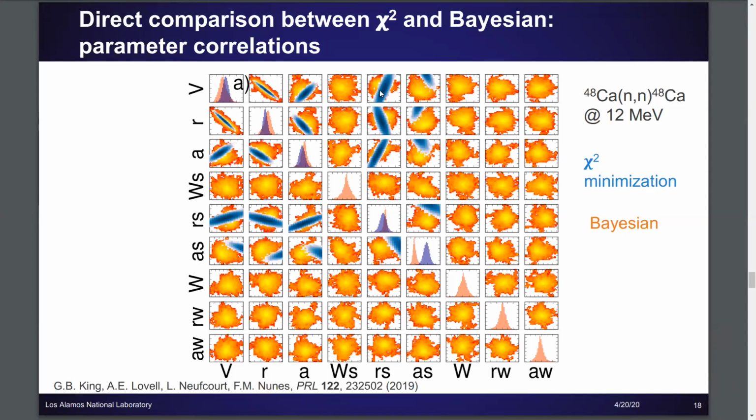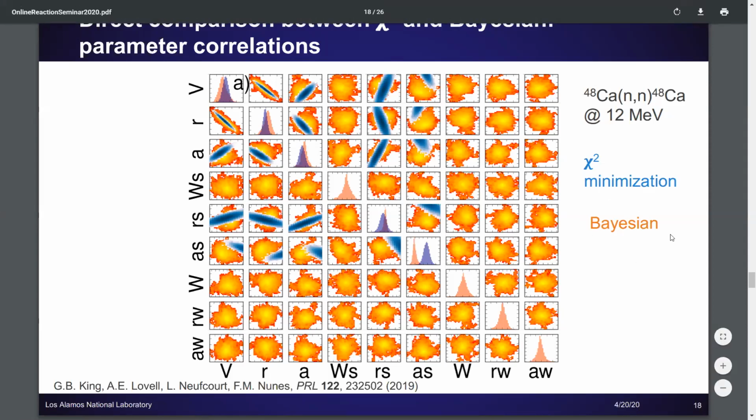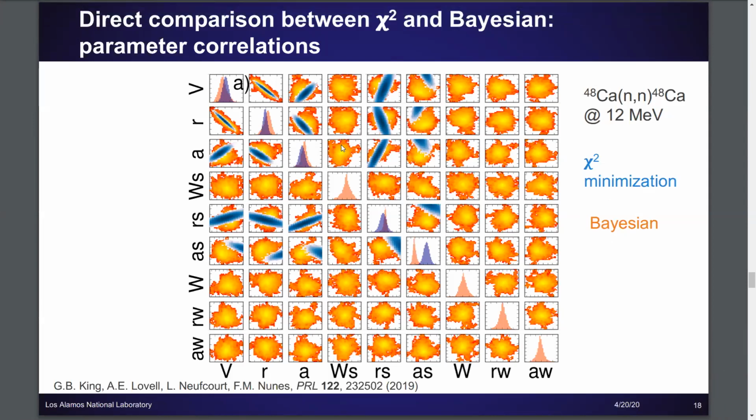So yeah, we have highly correlated parameters for the chi-square minimization method, but then when we go to the Bayesian Monte Carlo sampling, you see that there are much more rounded correlations, essentially many fewer correlations between the parameters, except between the depth and the radius of the real volume term.